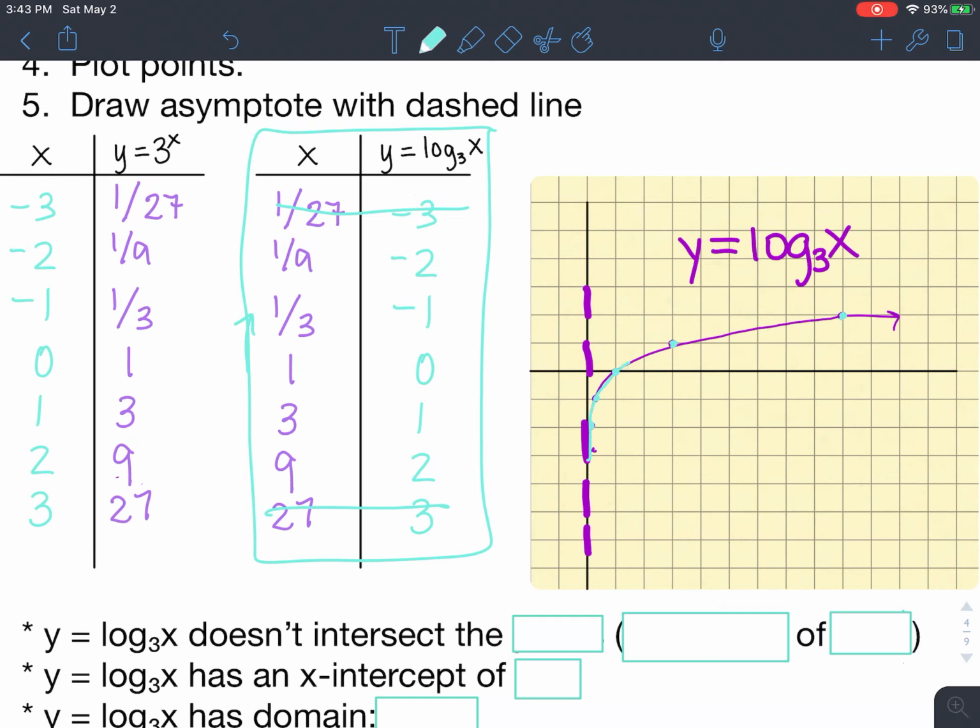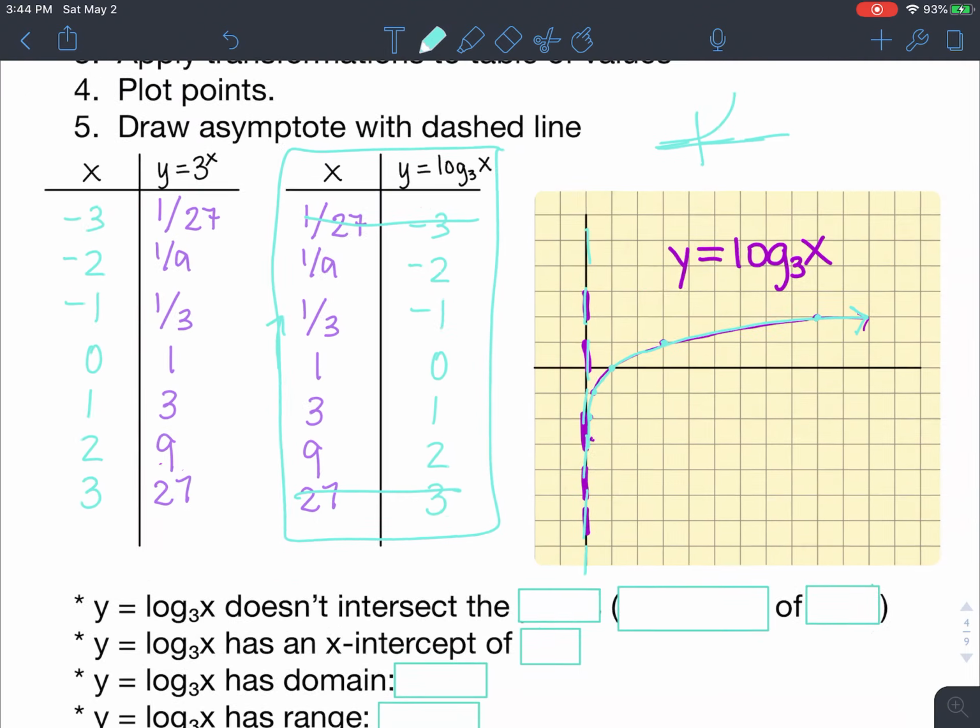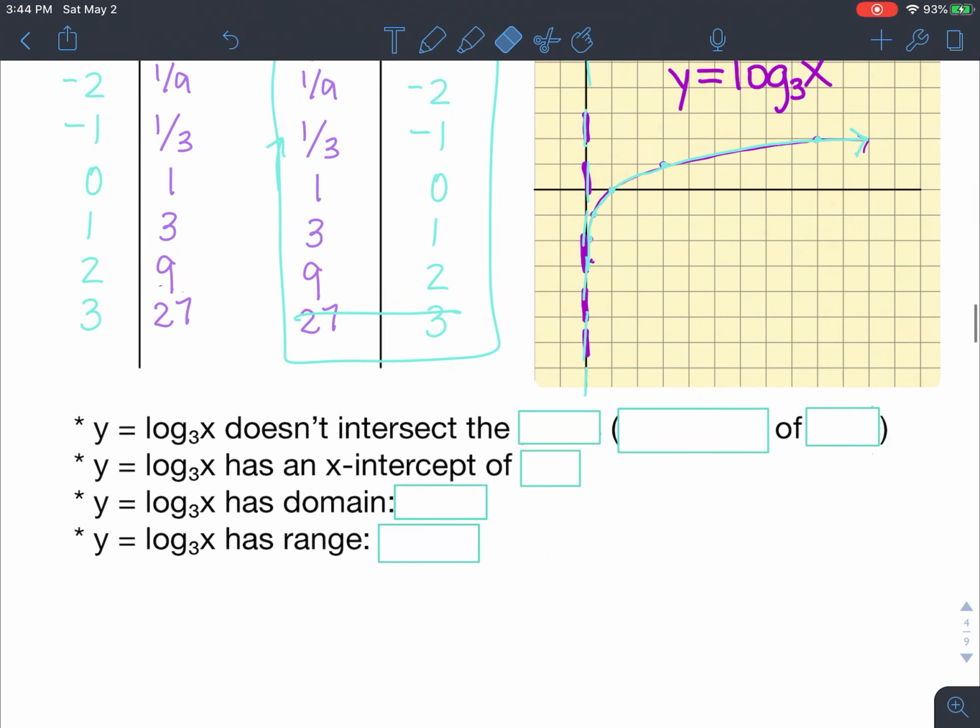And so here's the graph. And just like an exponential has an asymptote on the x-axis, a log has an asymptote on the y-axis. Okay, so those are some things we're going to talk about down here.